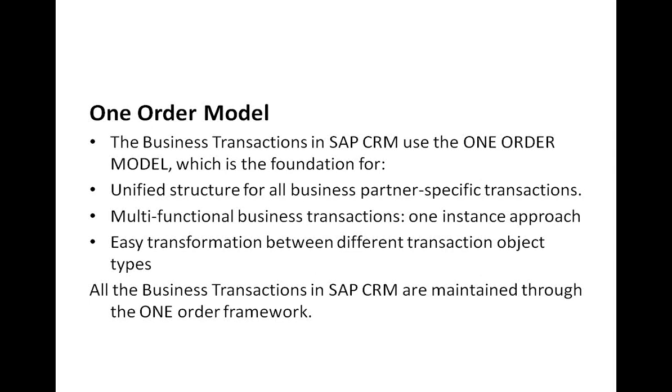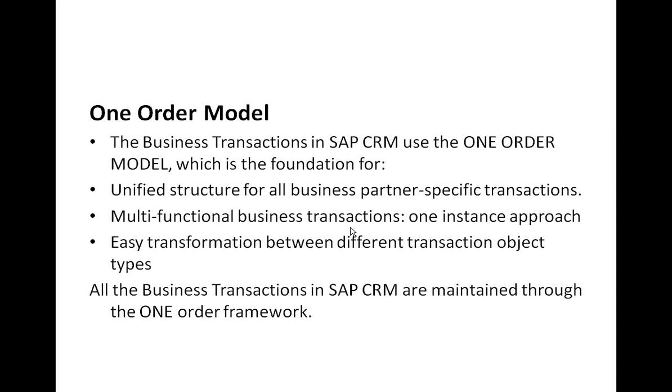When we enter the technical part, we will change the terminology. As of now, just say data sets. These data sets are assigned to the transaction types. The moment you load a lead, the system determines this is a lead transaction category, so it shows the data sets assigned to it. This is what I mean by unified structure.